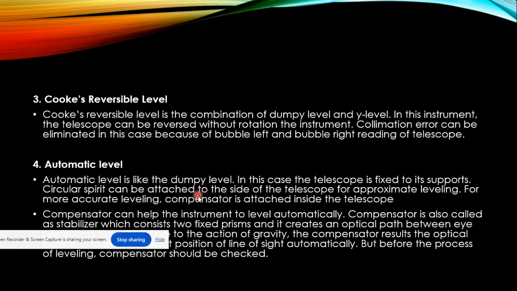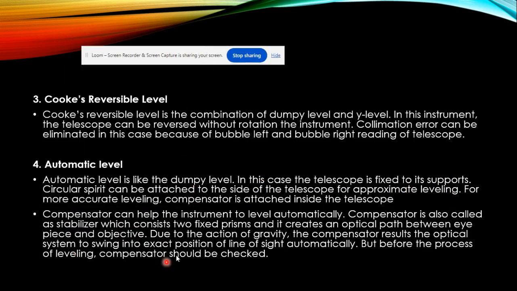Automatic level is like a dumpy level. In this case, the telescope is fixed to its support. A circular spirit can be attached to the side of the telescope for approximate leveling. We say the spirit bubble is used for leveling of the instrument so that you can get accurate results.